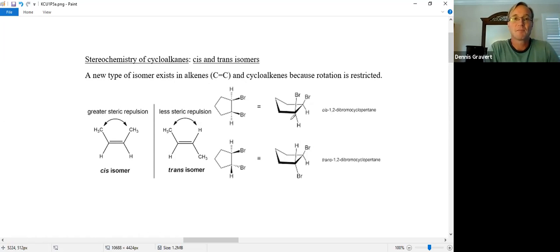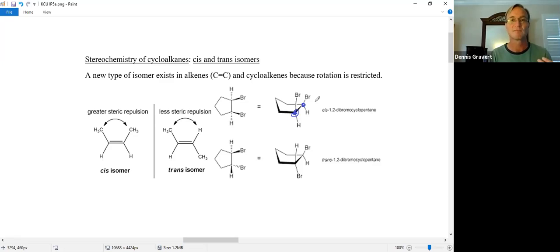Look on the right side of the screen, got this carbon of the ring right here, and I got this carbon, and you might want to just rotate one of these carbons. I mean, that's a single bond. It's supposed to freely spin, but the ring is preventing it from rotating a full 360.